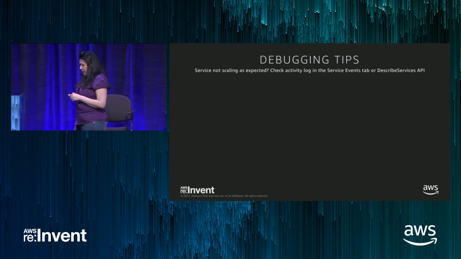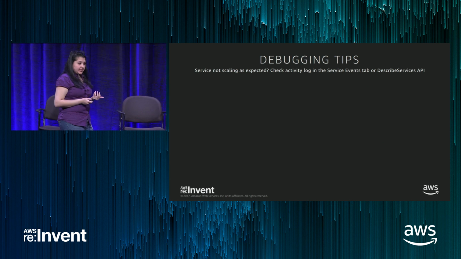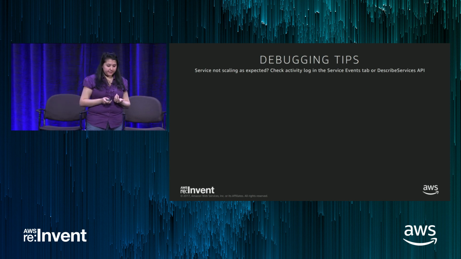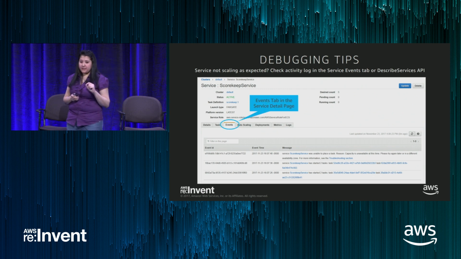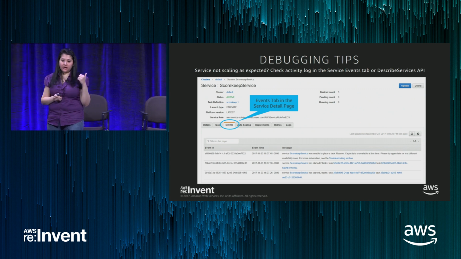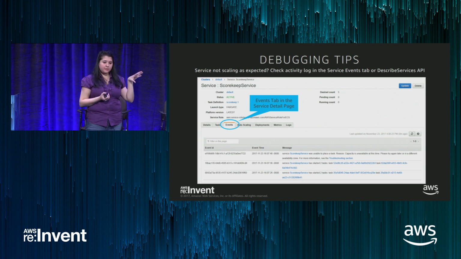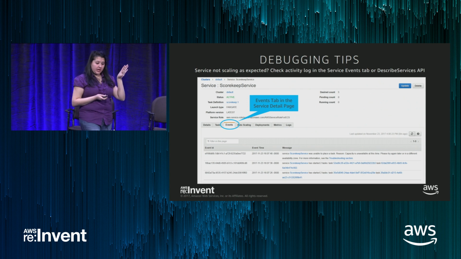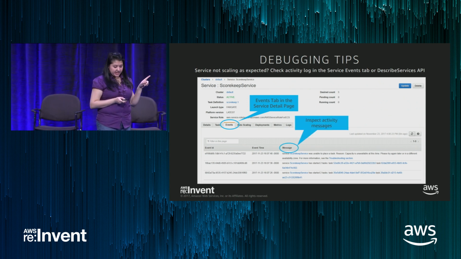Another scenario that may occur is that your services may not be scaling as expected, and how do you go about debugging that? In the service page on the console, there is an events tab, and this is kind of like an activity log. If some of you have used autoscaling, they have an activity log that tells you exactly what autoscaling is doing to scale your instances up and down. We have a similar concept. We have an events tab in the service detail page that tells us exactly what activity we're taking.